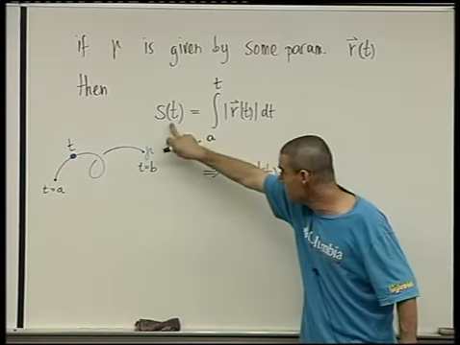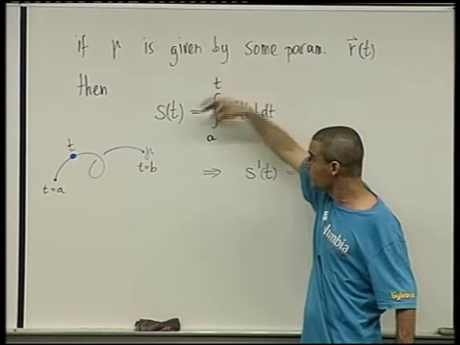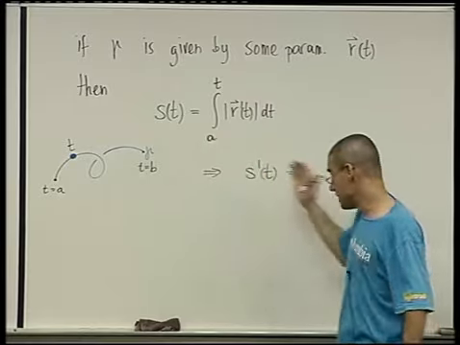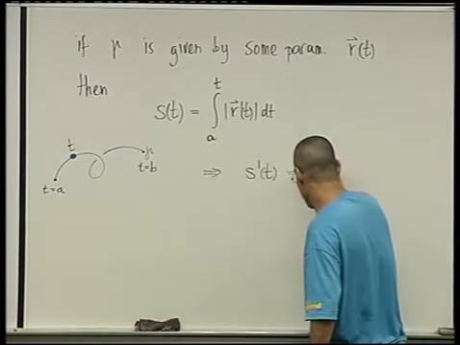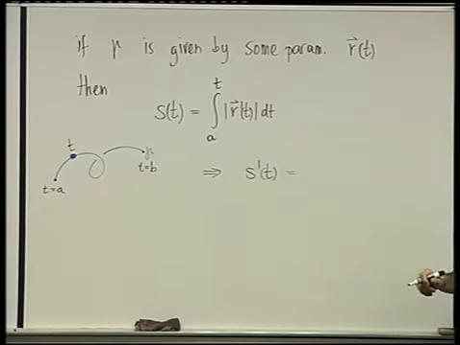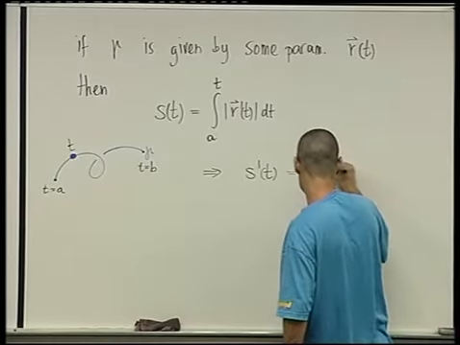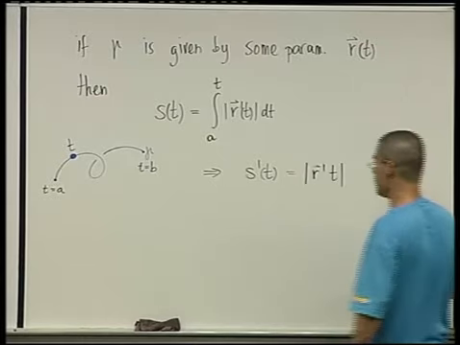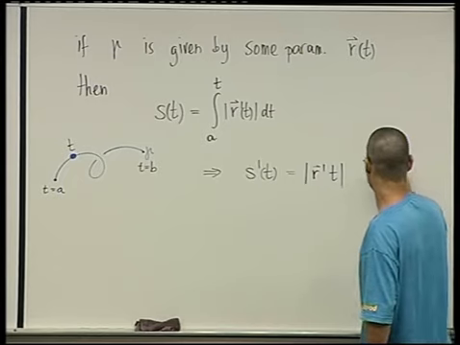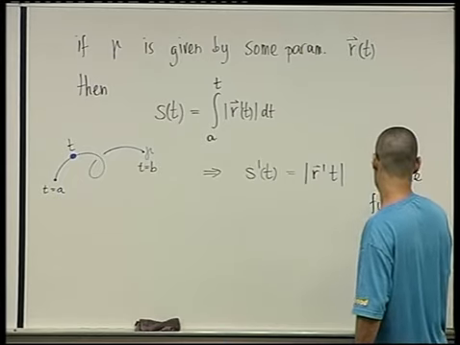But S depends on this t. If you vary this t, you get different values of S. So by the fundamental theorem, S prime of t is the function that sits inside. Everybody remember that? So it's precisely the norm of r prime of t, by the fundamental theorem of calculus.